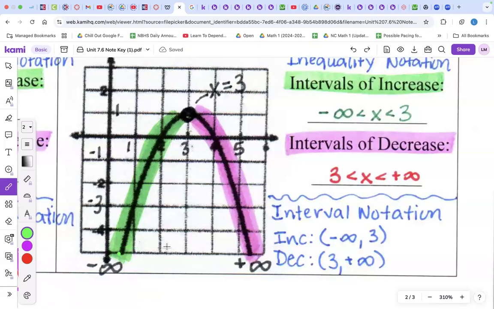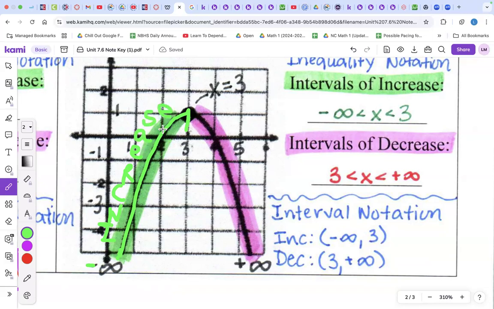Something changed. Since we read this way, that means we started here at negative infinity, and we're going up, up, up. And where do we stop? At 3. So guess what? This is increase. Yep, it's increasing. It's going up and up and up.